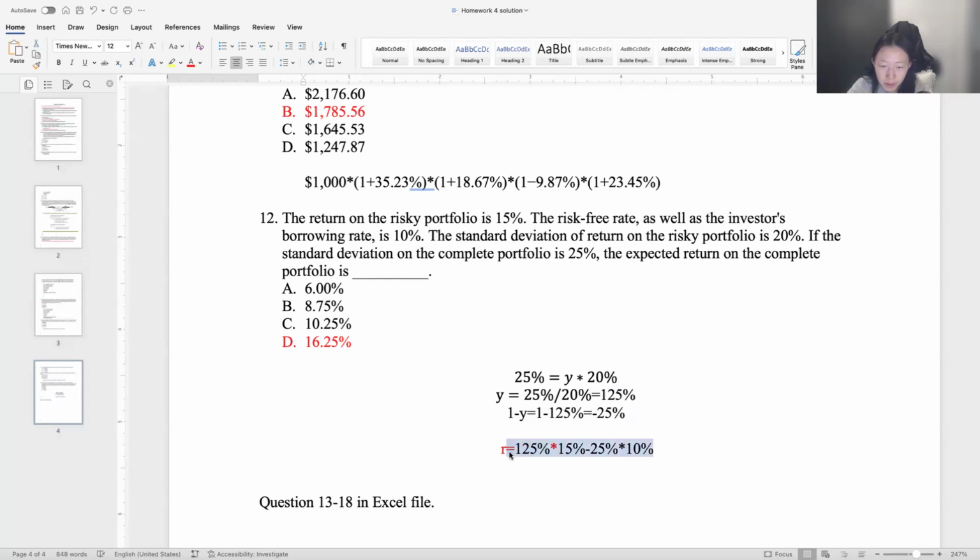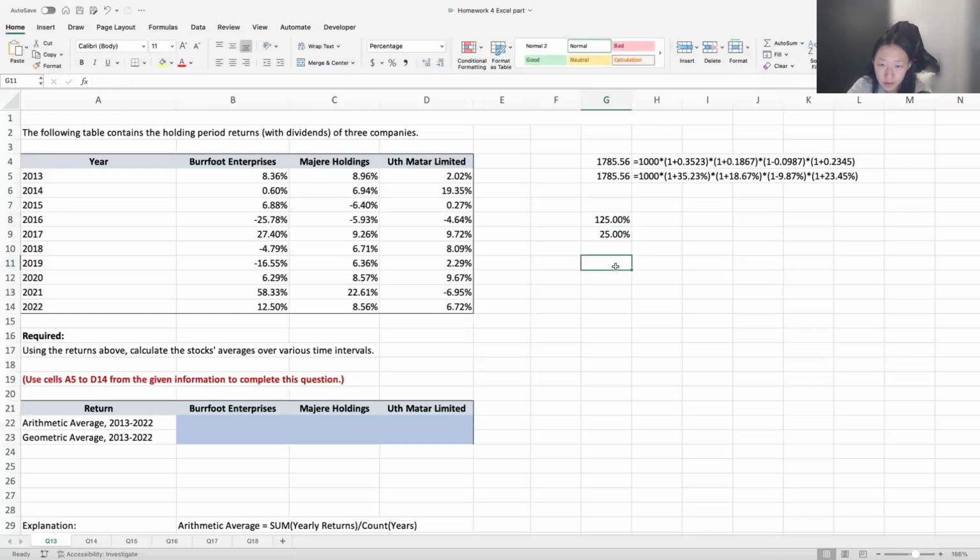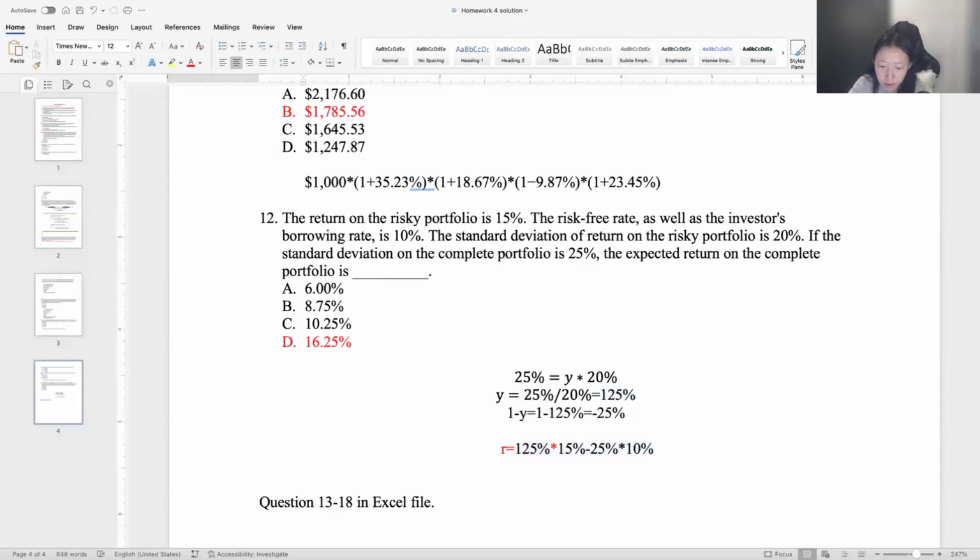All right, so copy it to Excel. So that gives 16.25% here. And that is the last option, so D for question 12.